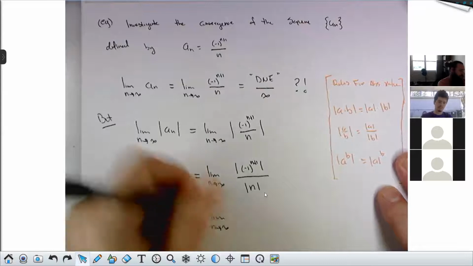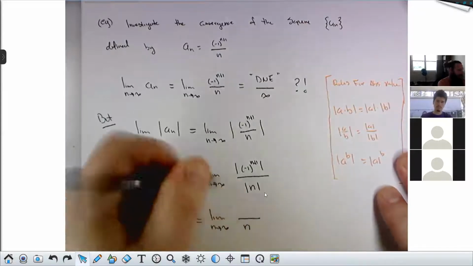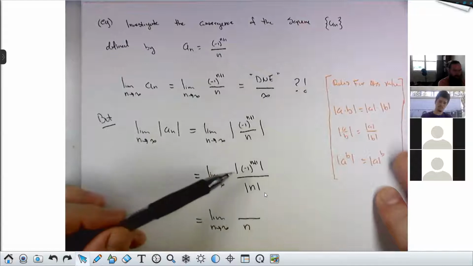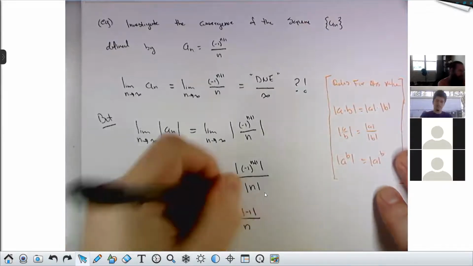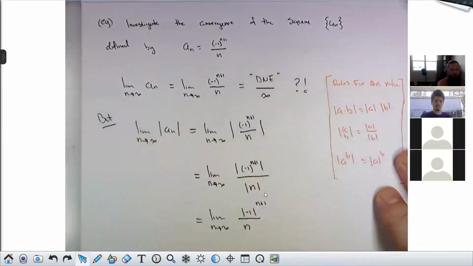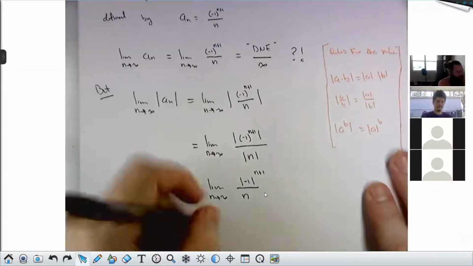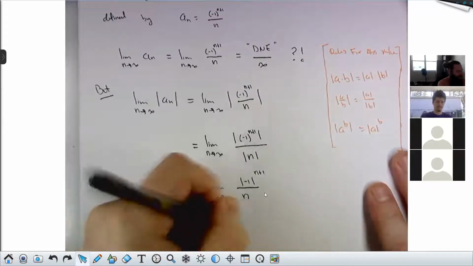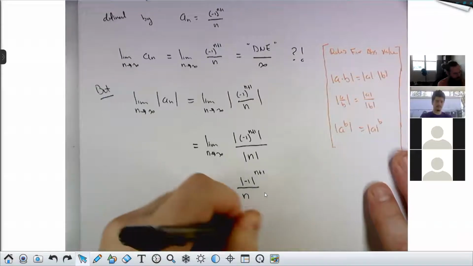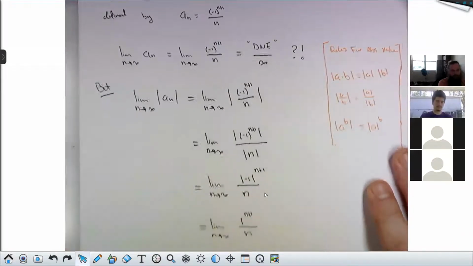Upstairs, I can use the third rule and say that -1 to some power, all in absolute values, is the same as the absolute value of -1 to that power. But the absolute value of -1 is just 1. So this is the limit as n goes to infinity of 1^(n+1) over n.